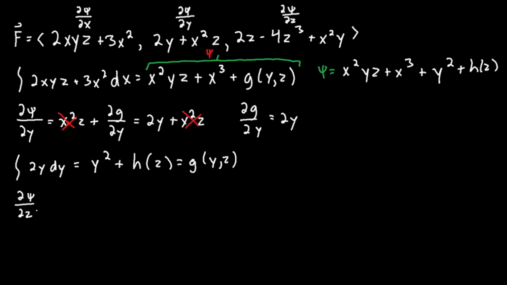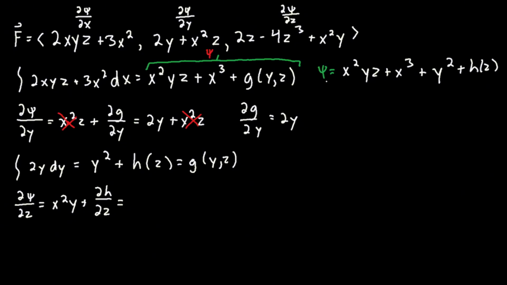So the z partial of psi is equal to x squared y, x cubed and y squared cancel out because they are treated as constants, plus the z partial of h. And this right here is equal to the third component of your vector field.